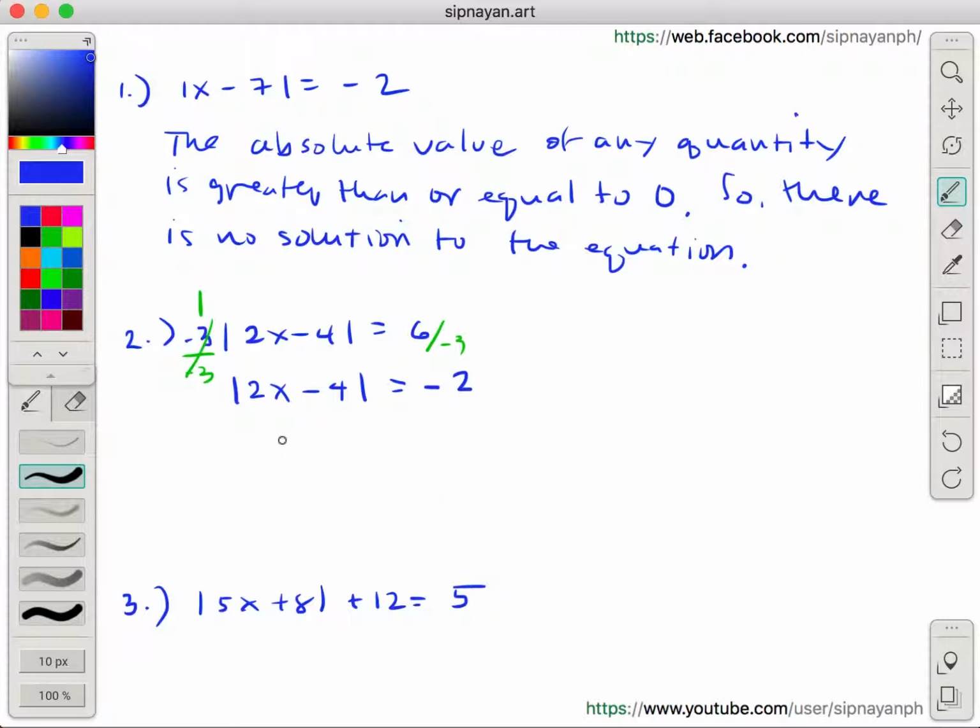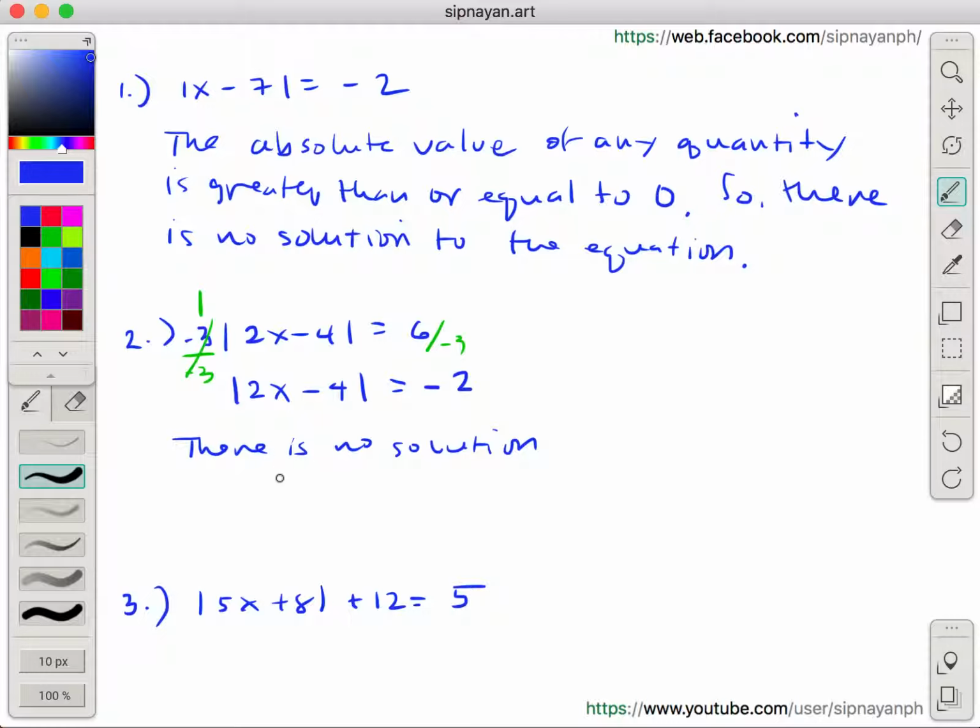So, again, we have a negative 2 on the right-hand side and an absolute value of a number on the left-hand side, which means that there is no solution, no? To this equation. Sinabi ko ba inequality or equality?